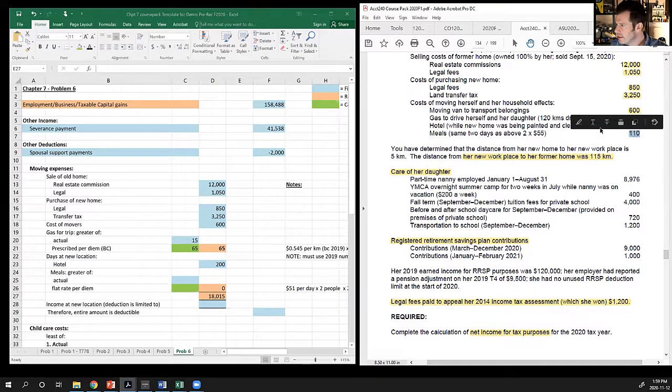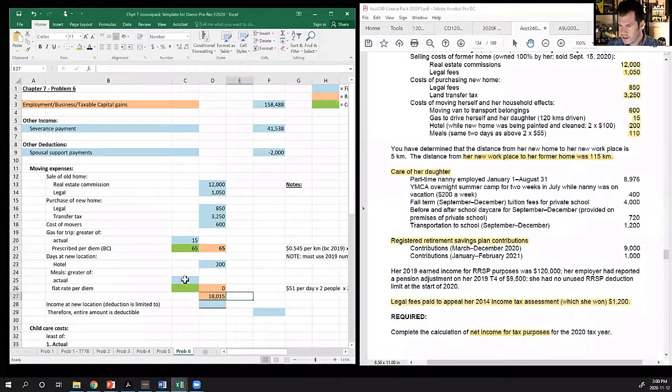Okay, so again, there's some options with meals because there's a per diem that doesn't require receipts. This is what she actually spent, $110 on her and her kid. Let's take a look and compare it to the per diem. If the per diem is bigger, then that's what we're going to choose because we want a bigger deduction. Bigger deduction means smaller income, means smaller tax, and that's very valuable to us.